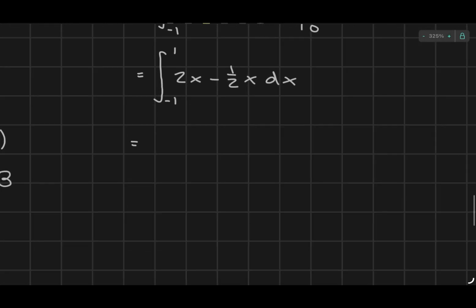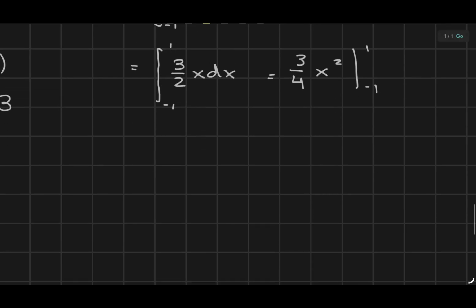Which is going to equal 3/2 x dx from negative 1 to 1, which is going to equal 3/4 x squared from negative 1 to 1. Plugging that in, we're going to have 3/4 minus 3/4.